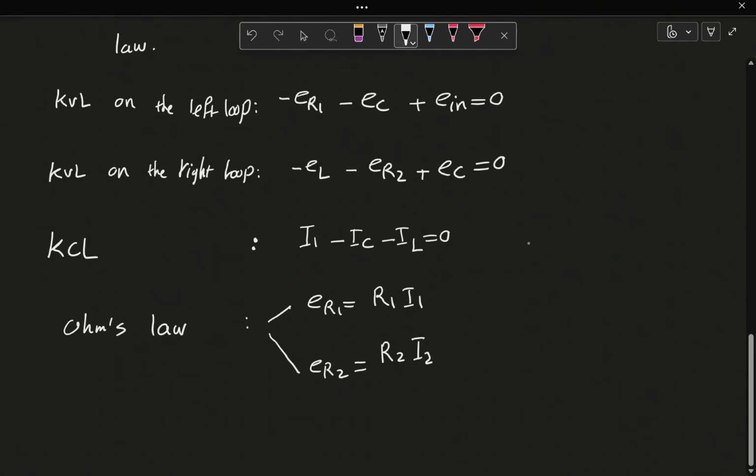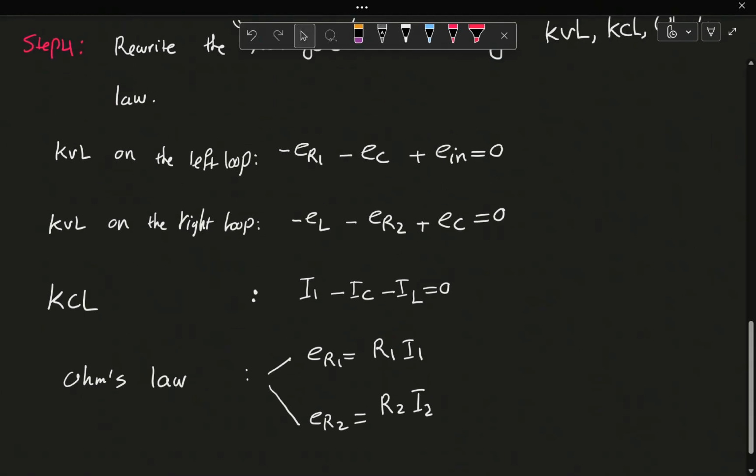One of them is pretty simple. The first thing that you can do is simply substitute for ER1 here, and for ER2 here. So this should be IL, ER2 here.